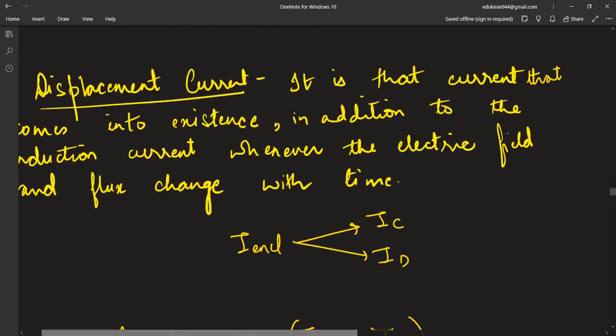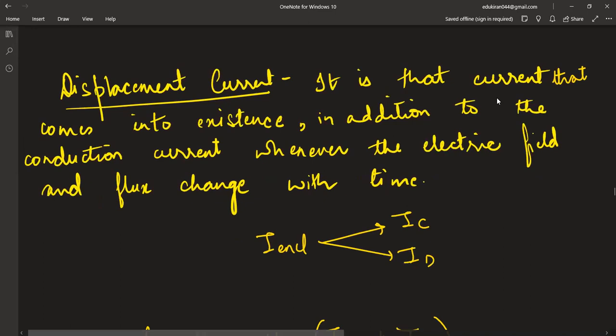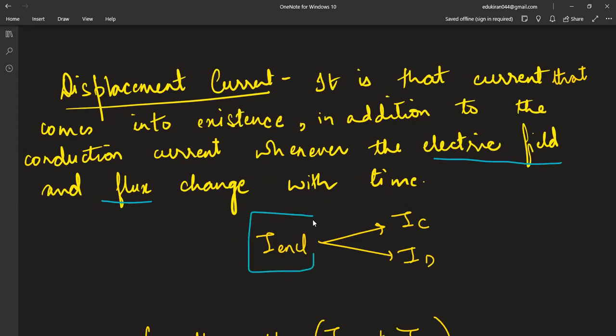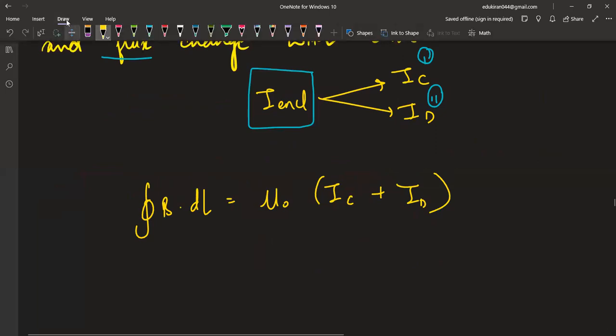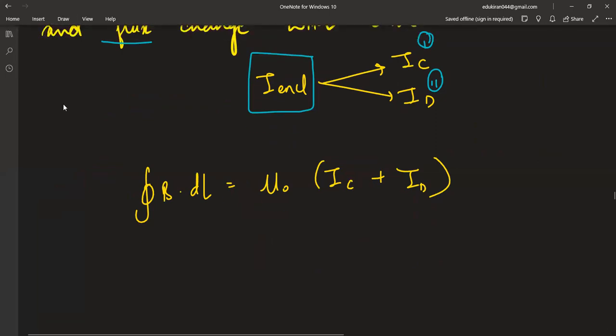It is that current that comes into existence in addition to the conduction current whenever the electric field and flux change with respect to time. So now your total enclosed current is the sum of conduction current plus displacement current. So what will your ultimate formula become? And why are we saying this is consistent?